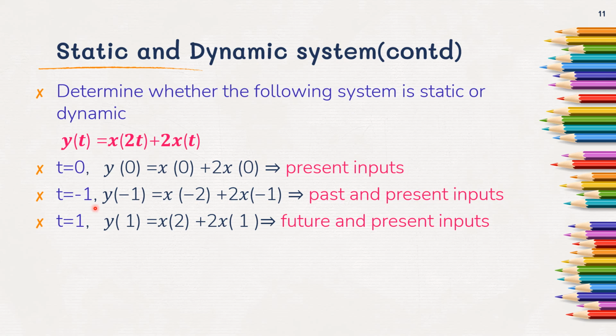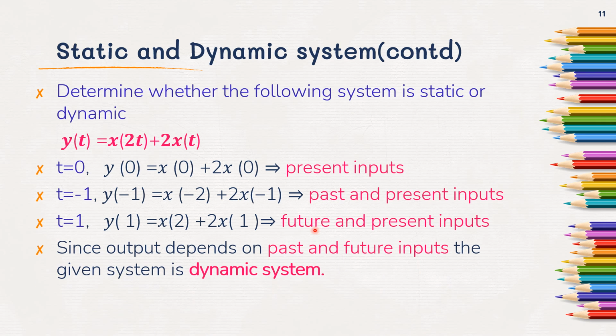But y of minus 1 depends upon x of minus 2, which is past. Y of 1 depends upon what? X of 2, which is future. Hence, what system is this? Since it depends upon past and future, the given system is going to be a dynamic system.